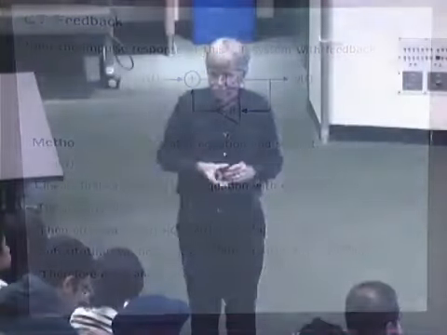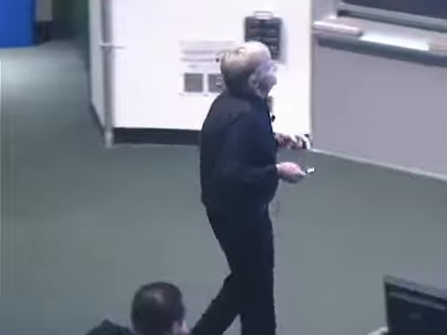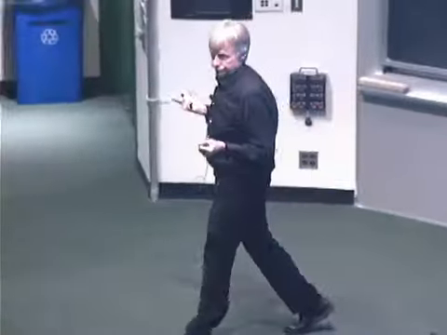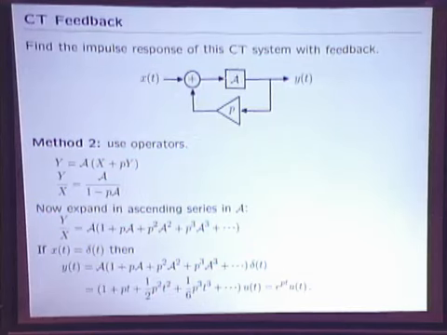Okay? What we'd like to do is develop an alternative way of thinking about that using the operator approach. So a completely different way to solve that problem would be to write an operator expression for this. Okay, so y is a times the signal that results when you add x to py.